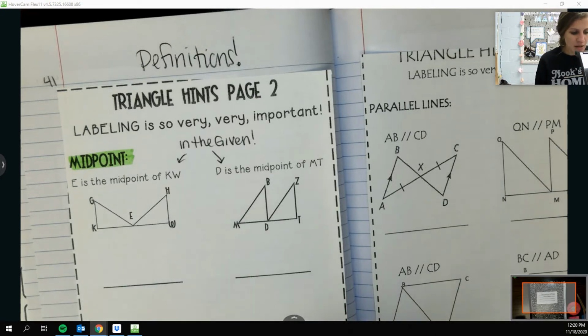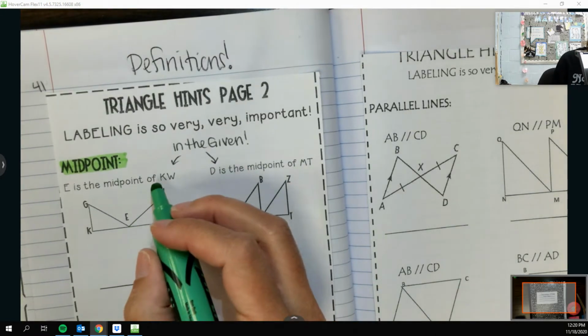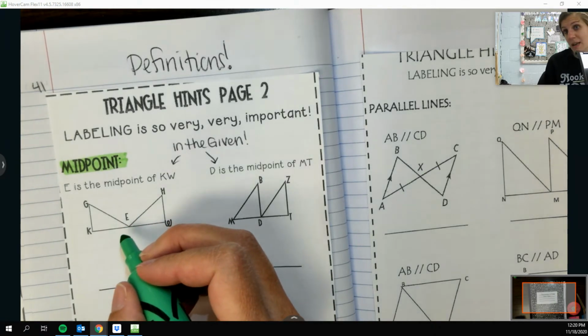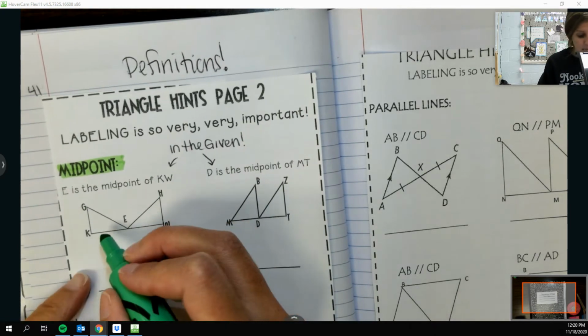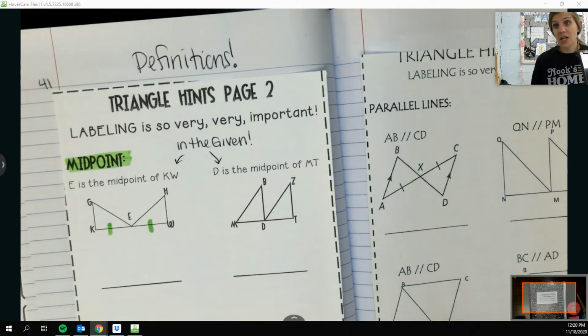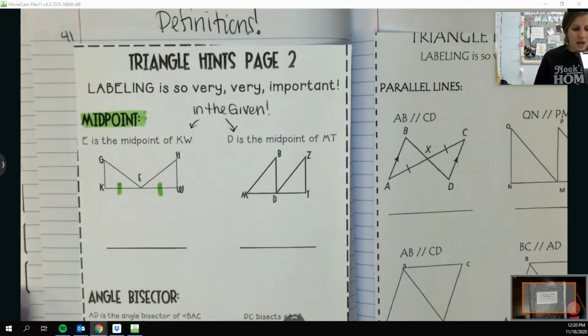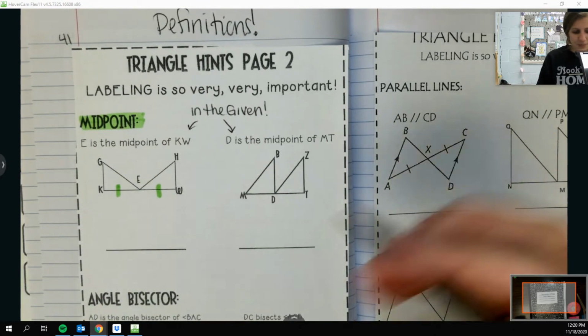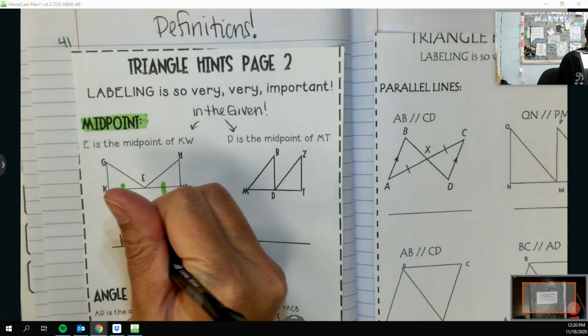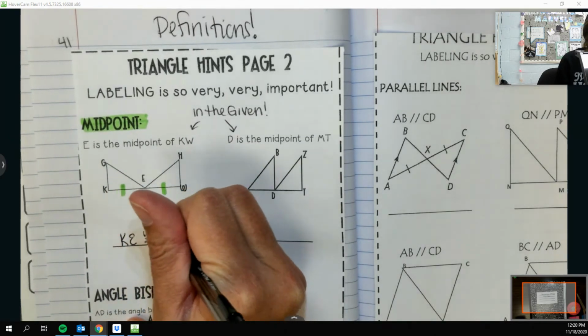But if they do tell you that E is the midpoint of KW, midpoint by definition splits a side equally in half. And so I could put tick marks on either side of E on those lines there. And we could say that KE is congruent to WE.